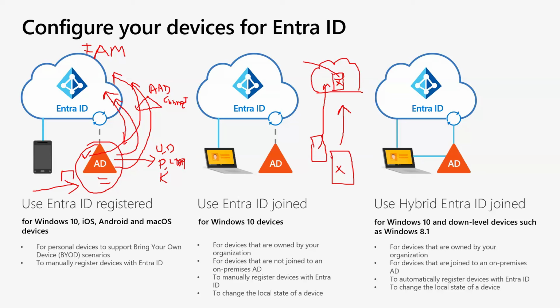If you joined a device to Active Directory, you can synchronize that device object to Entra ID. Just the device ID, the username and a few attributes of the device. We are just copying for convenience. It is not an Active Directory mode here. Is this clear or any confusion?